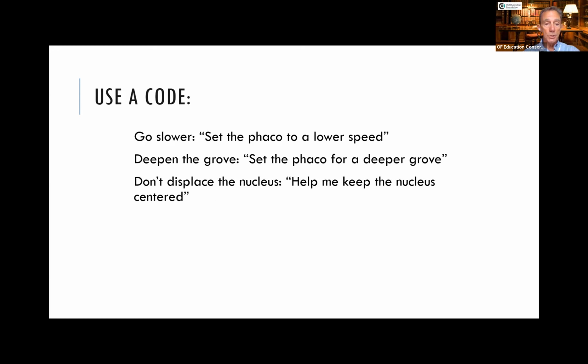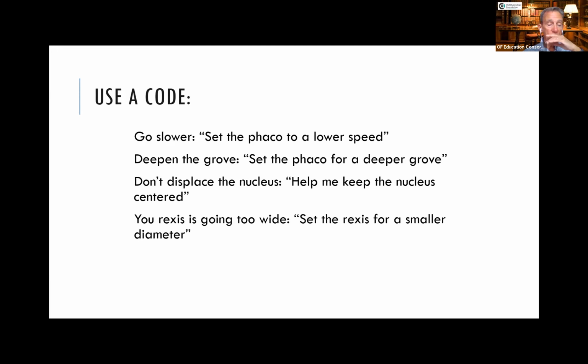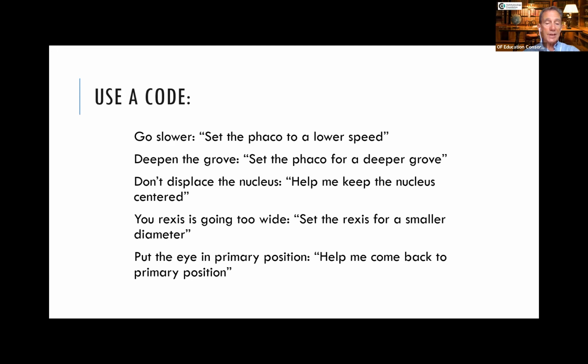If he's displacing the nucleus, I say, help me keep the nucleus centered. And if the rhexis is going wide, I say, set the rhexis for a smaller diameter. So having these kinds of codes gives the resident exactly what you want him to listen to and change, and does not alarm the patient.